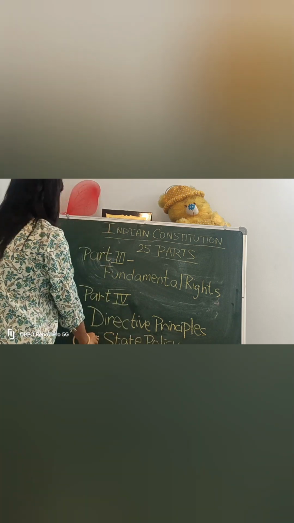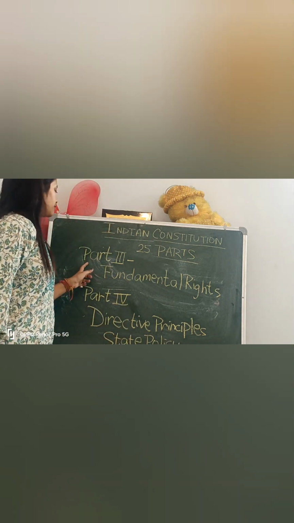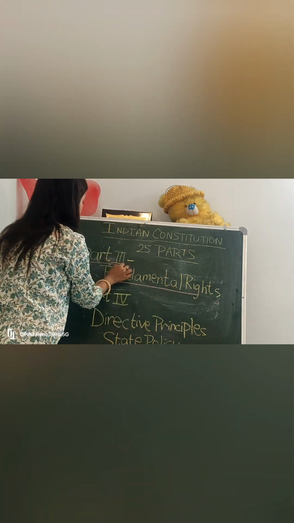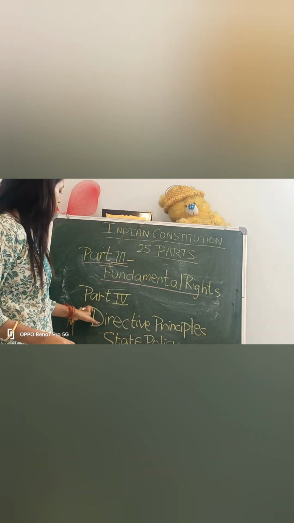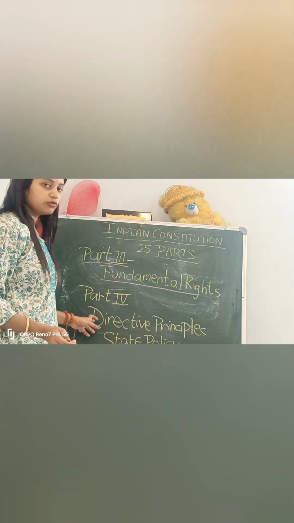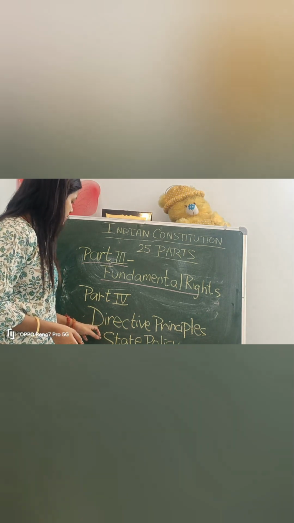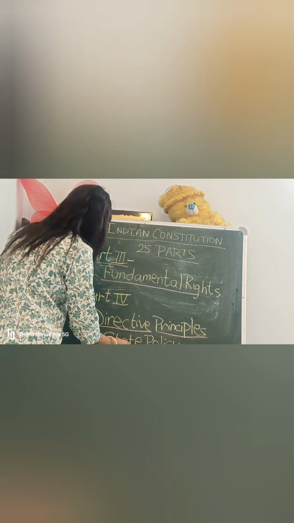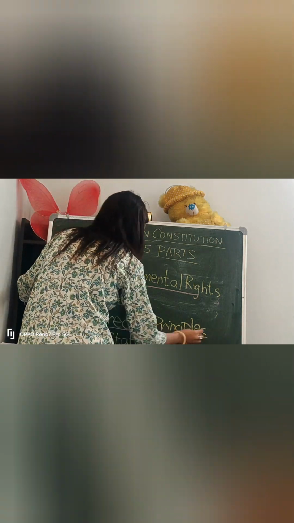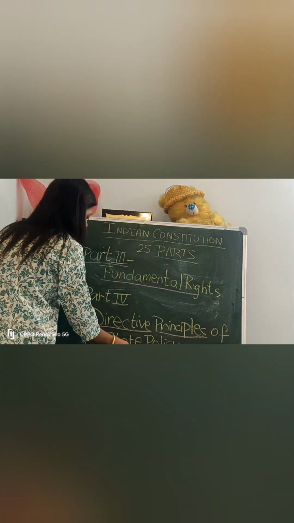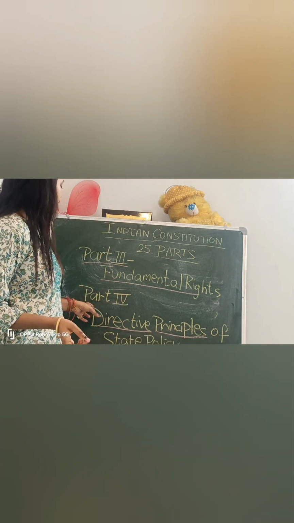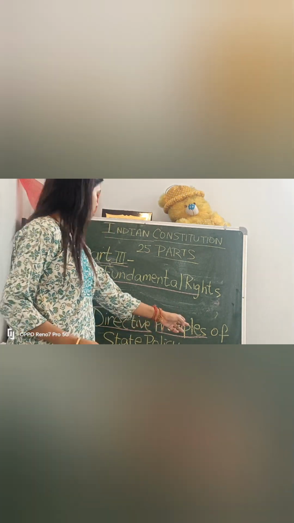Now let's see part 3. I have given the word F. So F stands for fundamental rights. What is in part 4? Part 4 has our D. The mnemonic word is D, so the full form is directive principles of state policy. Part 3 is our fundamental rights, and part 4 is our directive principles of state policy.